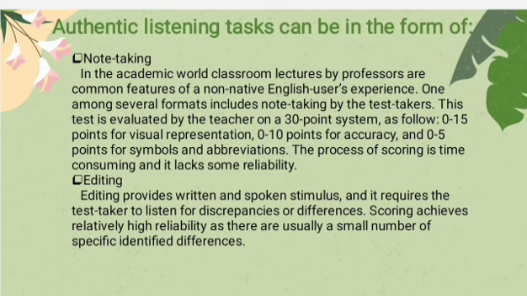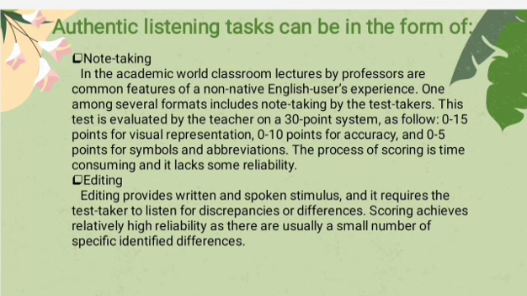In the academic classroom, lectures by professors are a common feature of a non-native English user's experience. One among several formats includes note-taking by the test takers. This test is evaluated by the teacher on a 3-point system.